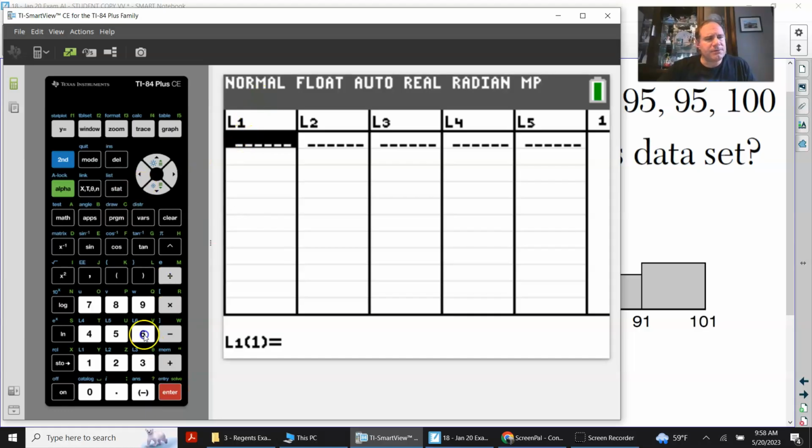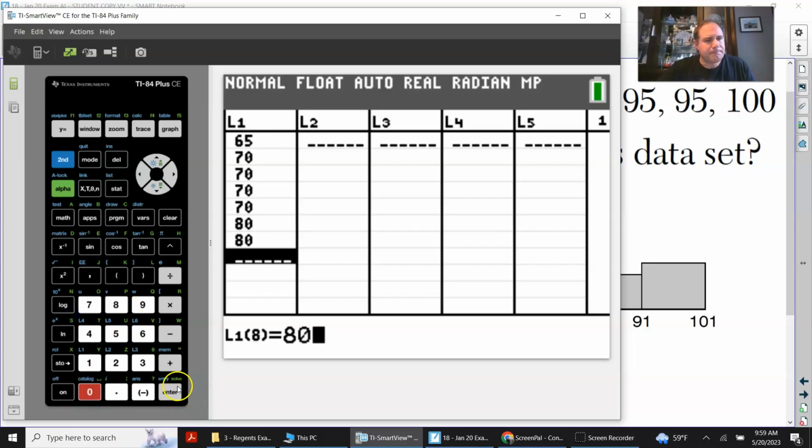We're going to put those numbers in: 65, 70, 70 again, enter. That's the third 70. We have 4 70s. We have 3 80s, and then we have an 85.